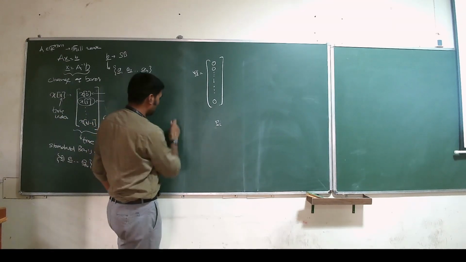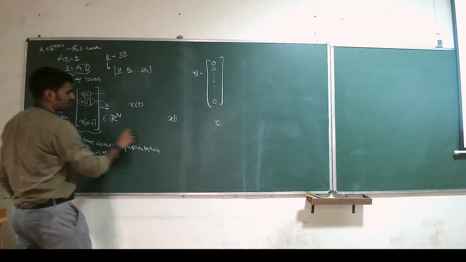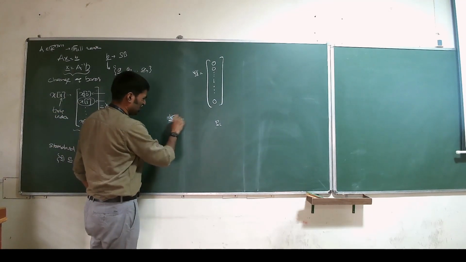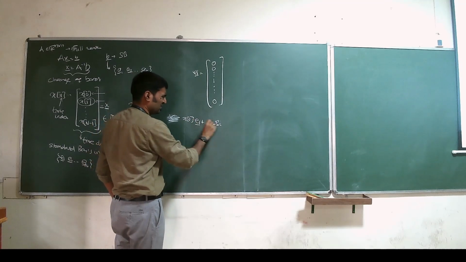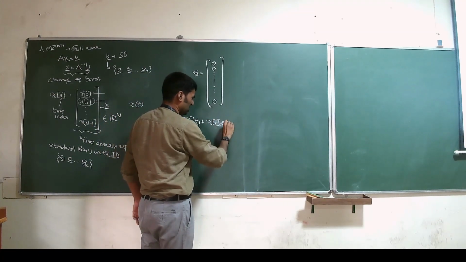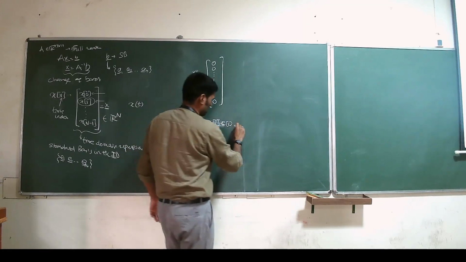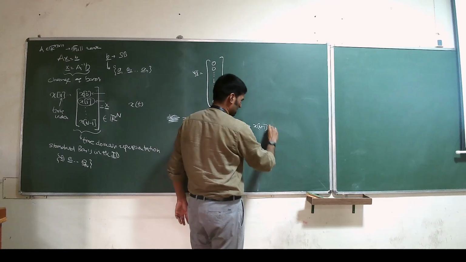Right? For example, I can write x of n, or I'm going to call this the x vector, as x of 0 times E1 plus x of 1 times E2, and so on and so forth, x of n minus 1 into En.